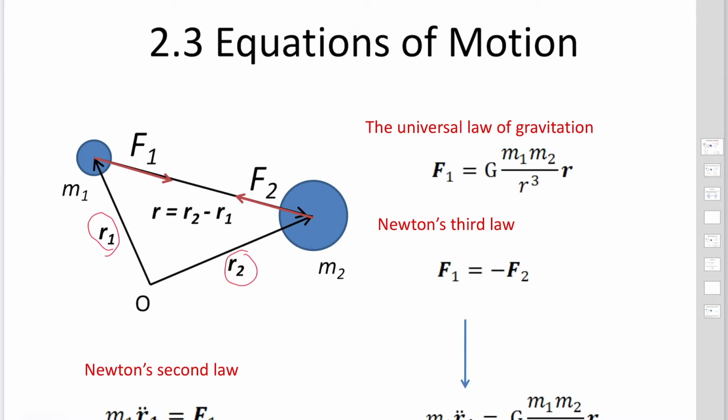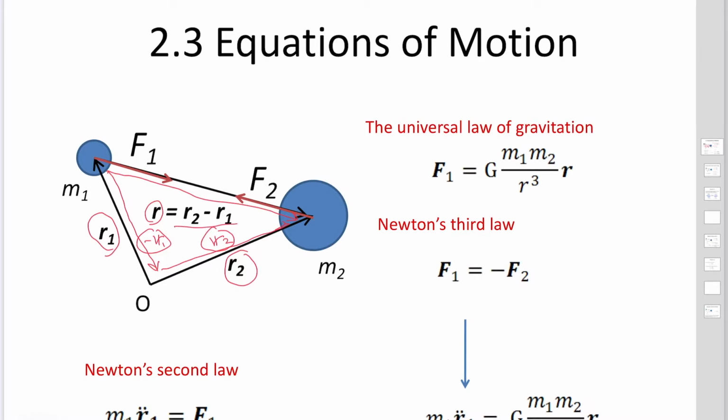Then the relative vector between m sub 1 and m sub 2 can be expressed as the sum of two vectors: minus r sub 1 plus r sub 2. So this relative vector r can be expressed as r sub 2 minus r sub 1.